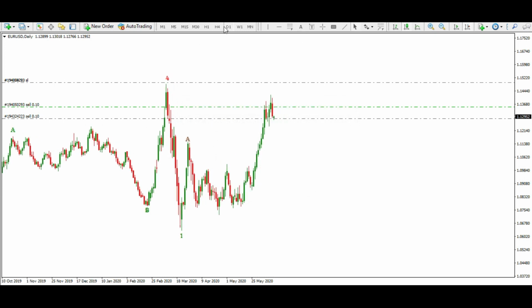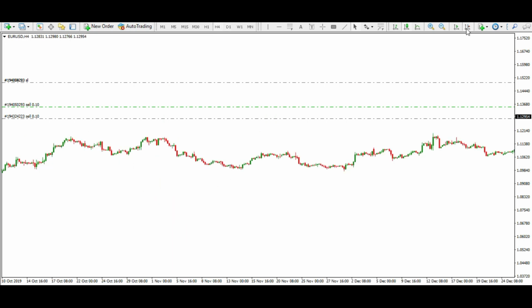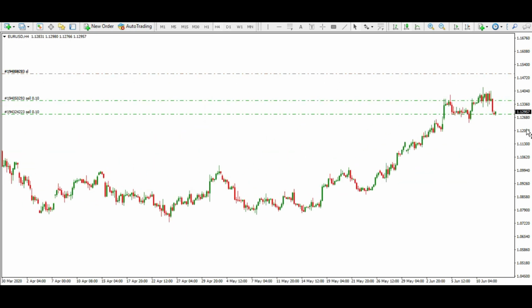Finally, we switch to 4-hour charts to study subwaves within wave 2 green correction and look at the trading opportunities on EURUSD.